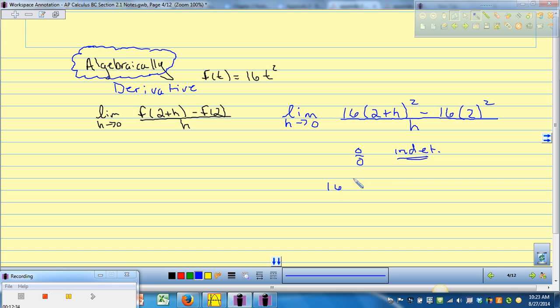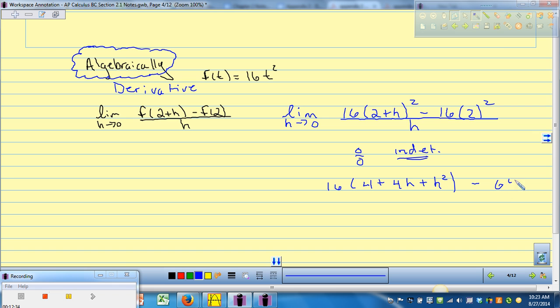So I've got 16 times, if I FOIL it out, 4 plus 4h plus h squared, minus 16 times 4, 64.